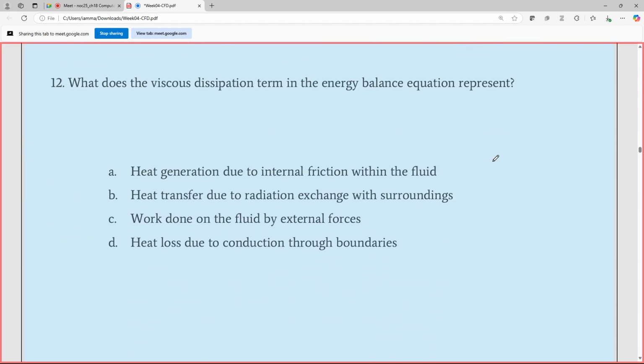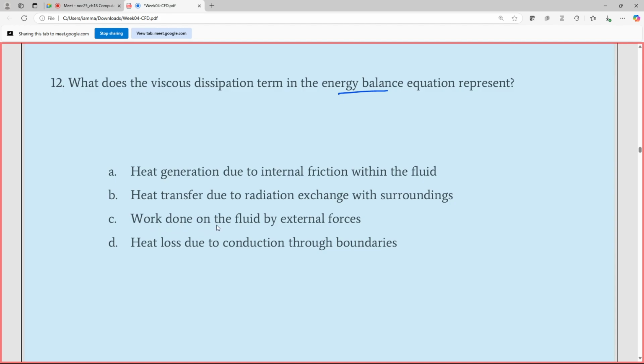Moving on to next question. Next question is on energy balance equation. What does the viscous dissipation term in the energy balance equation represent? Options are option A, heat generation due to internal friction within the fluid. Option B, heat transfer due to radiation exchange with surroundings.